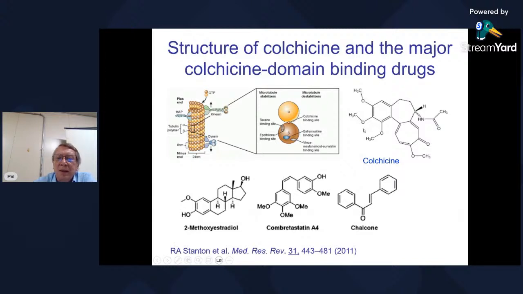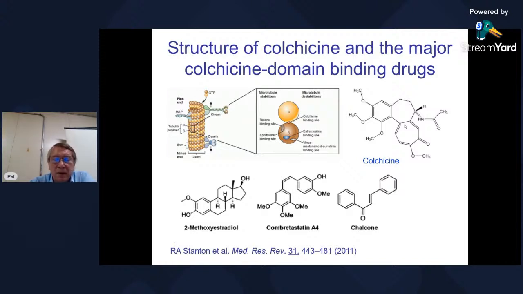Colchicine, as you can see, is a compound which resembles the shape and the structure of several natural products. For example, methoxyestradiol, combretastatin A4, and chalcones.